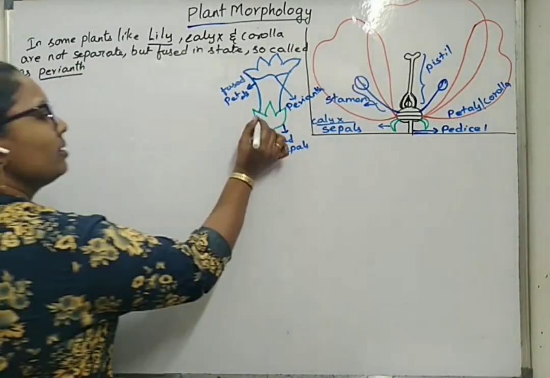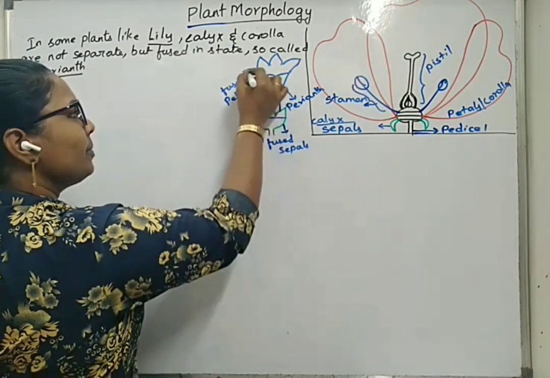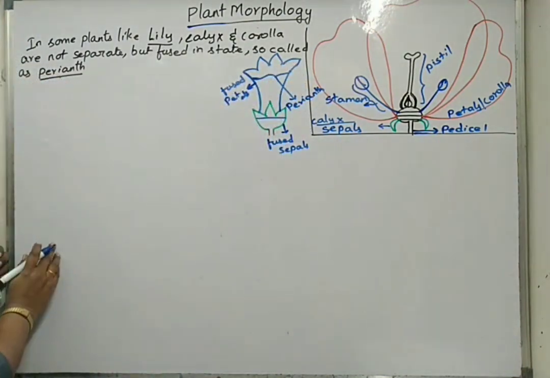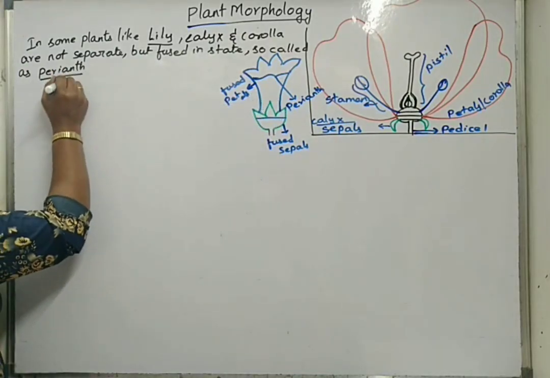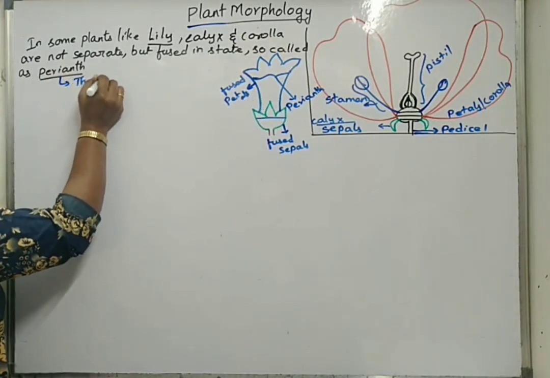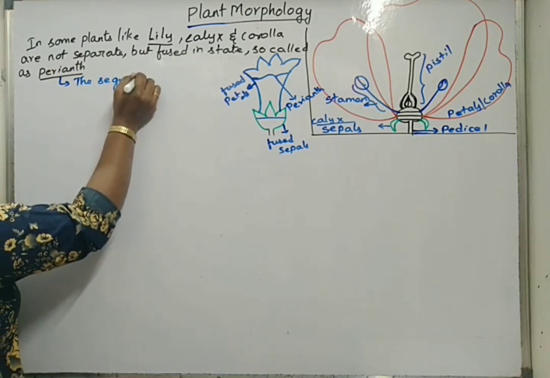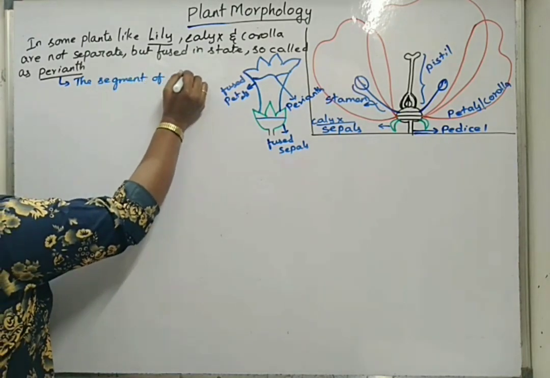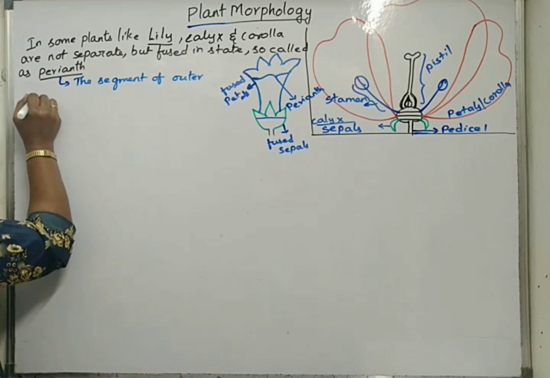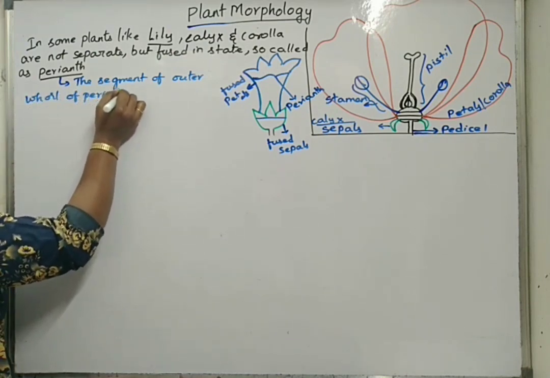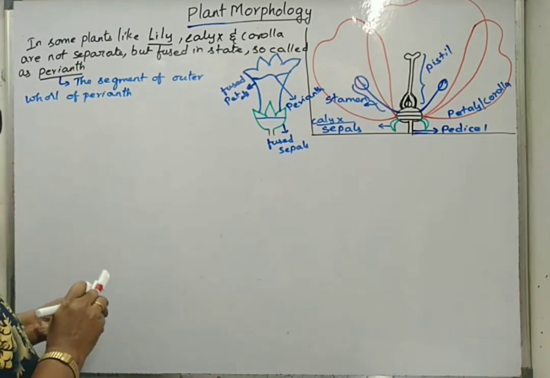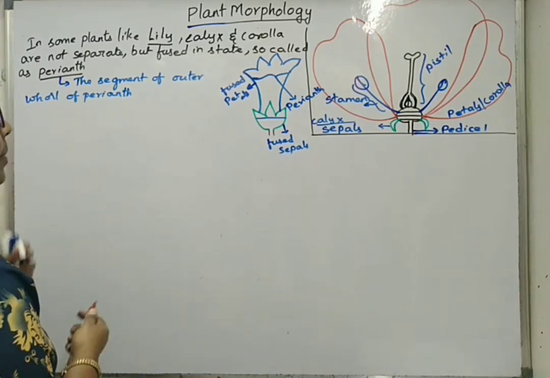Perianth. The outermost part of the sepals or the outermost part of the petals, meaning the fused perianth, is called a tepal. The segment or part of the outer whorl of the perianth cannot be differentiated into petals or sepals.